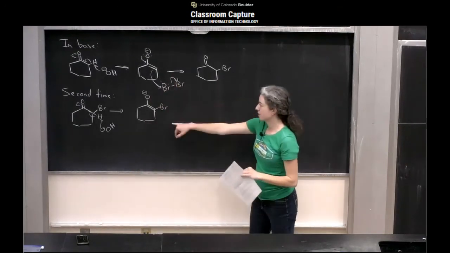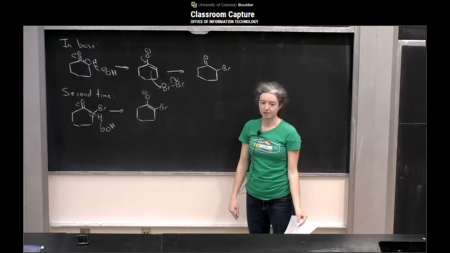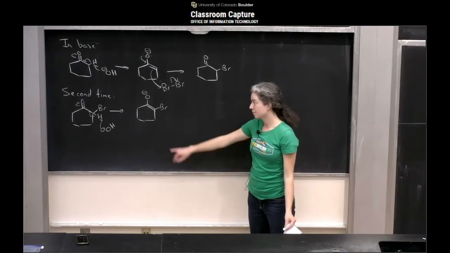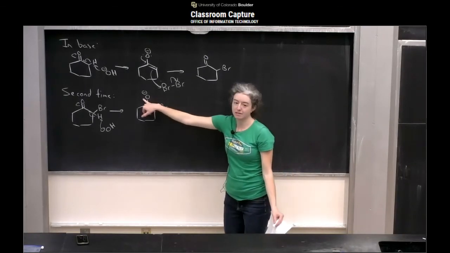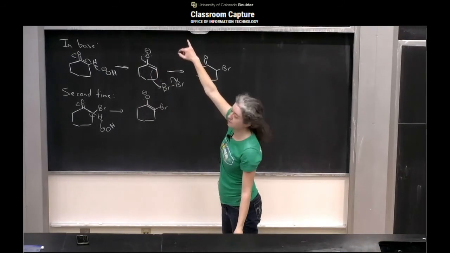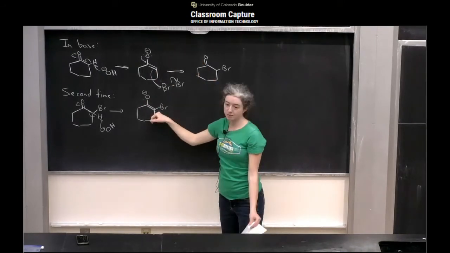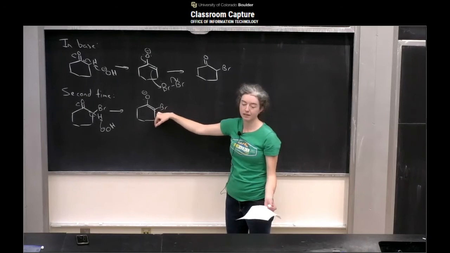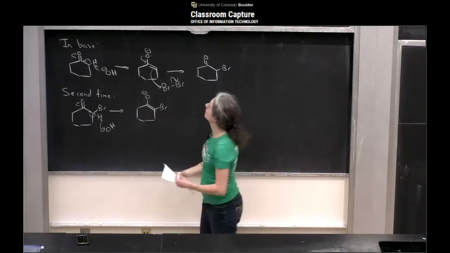So top or bottom, which one is more stable? Bottom, yep, because now I'm trying to stabilize a minus charge instead of a plus charge up here in acid. And so here the bromine's actually helping because, being electronegative, it's withdrawing some electron density.